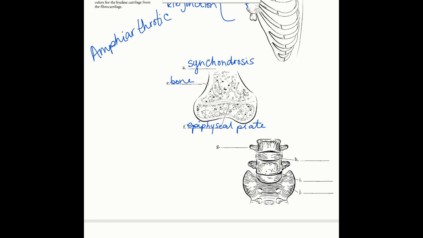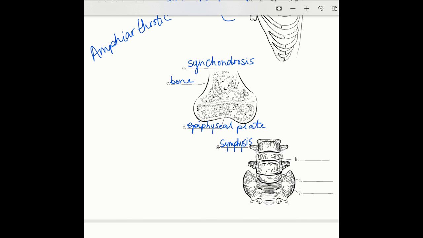And then lastly, we've got an example of a symphysis. Sorry, just had a pop up. There we go. We've got our example of a vertebral disc, which is going to be our cartilage here.